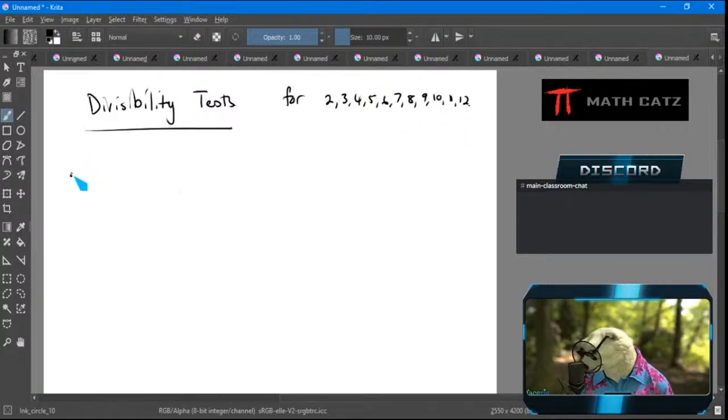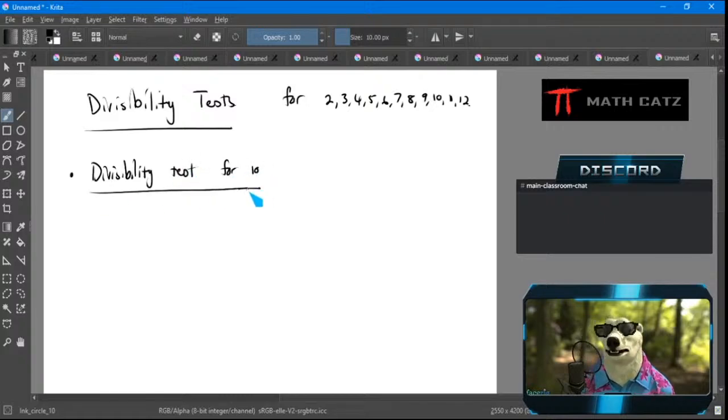So, first up, divisibility test for 10. Now, in the beginning, because we're starting with the easy ones and they're going to be very familiar, it seems quite unnecessary to actually write something out when it's so straightforward you almost don't even think about it anymore.